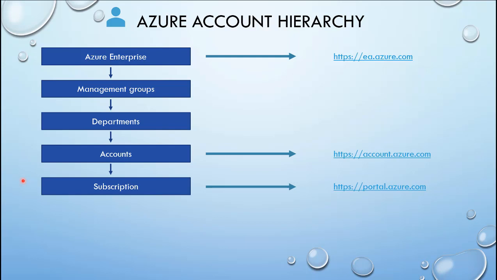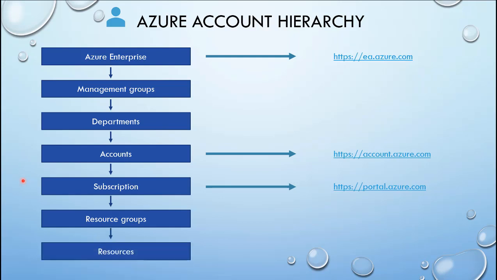According to your account and which department you belong to, and then finally which management group that department is assigned to, you're going to have access to certain subscriptions or only one subscription. That subscription will have one or multiple resource groups, and the resource groups are, as we mentioned earlier, a collection of resources that you might have access to.